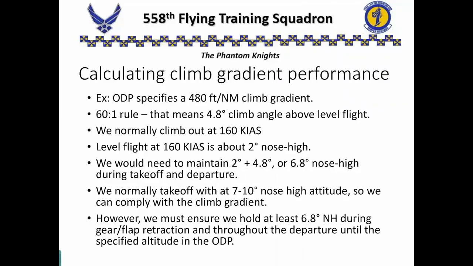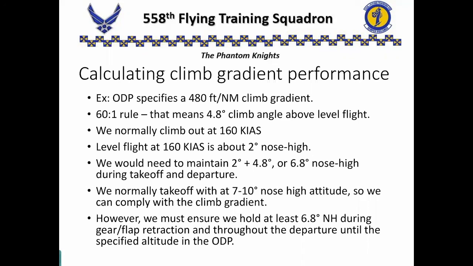All right, let's take a real quick look at calculating our climb gradient. Let's say we have an ODP or a non-standard takeoff minimum that requires a 480 foot per nautical mile climb gradient. Using the 60-to-1 rule, which says that 1 degree of pitch will give us a 100-foot altitude change in 1 mile, what angle is going to give us 480 feet altitude change in a mile? 4.8 degrees.